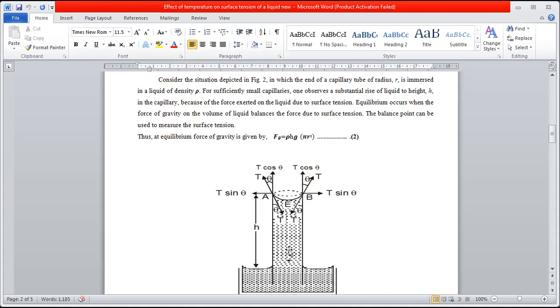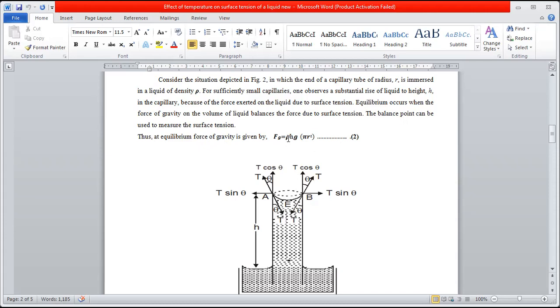The rise takes place until the total weight of the liquid, which is in the downward direction, is balanced by this vertical component of the surface tension. Once they become equal, the equilibrium condition is reached, and there is no further rise of the liquid inside the capillary tube. Thus, at equilibrium, the force of gravity is given by this equation.